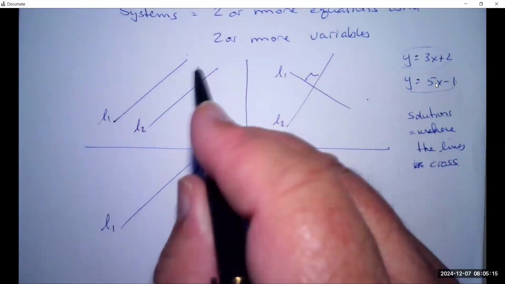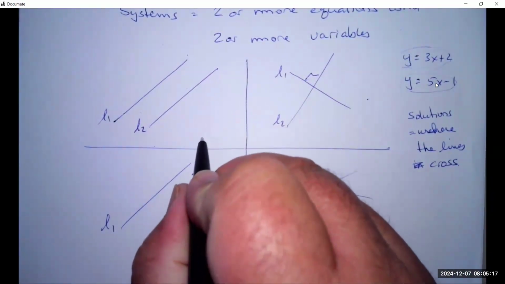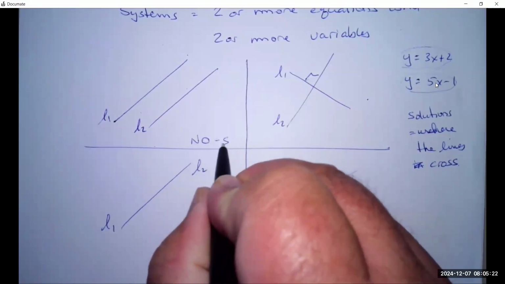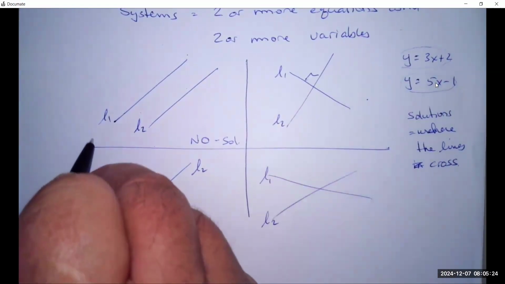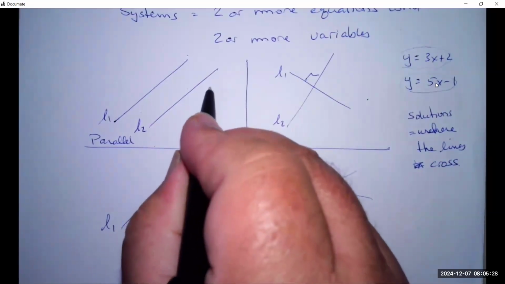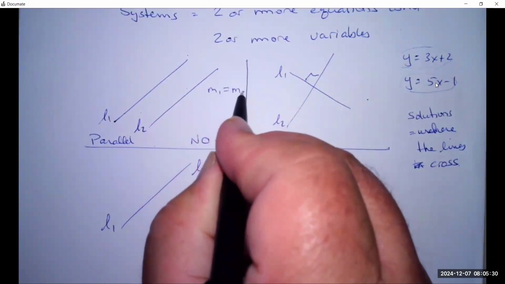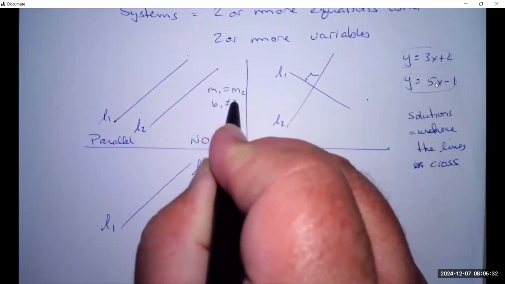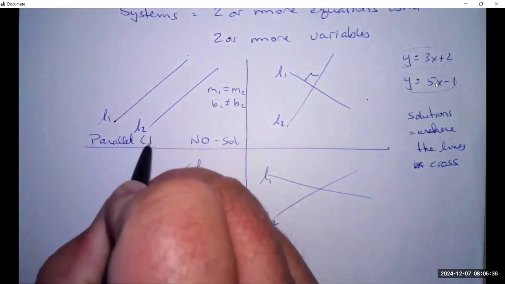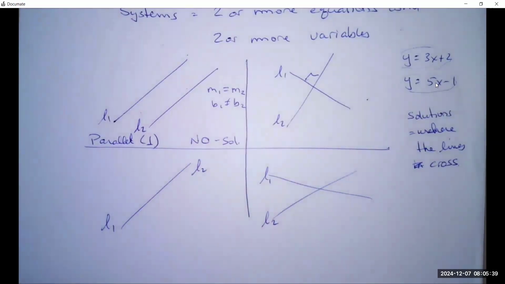So in these, the first one has zero solutions. There are no solutions. We call those lines parallel. Remember, we said that if they have the same slopes but different y-intercepts, then they're parallel. And there's a symbol we use for parallel lines. And it has no solutions.